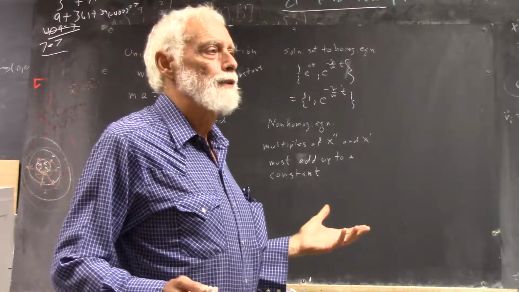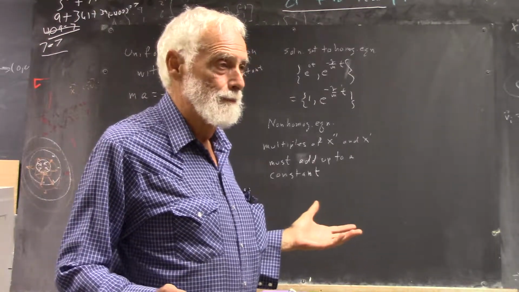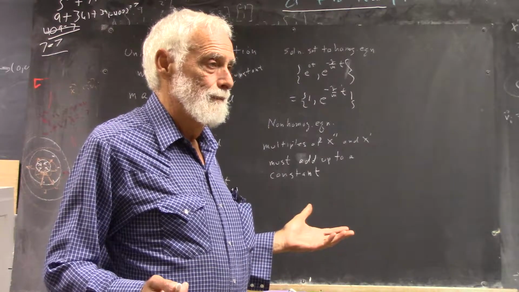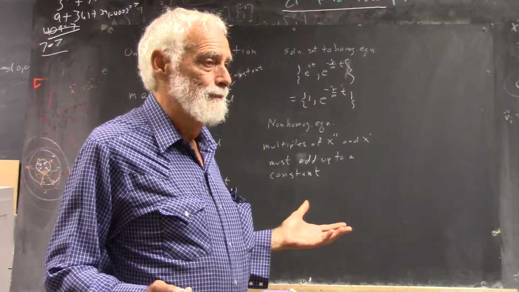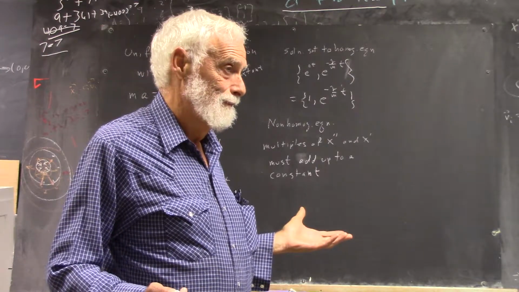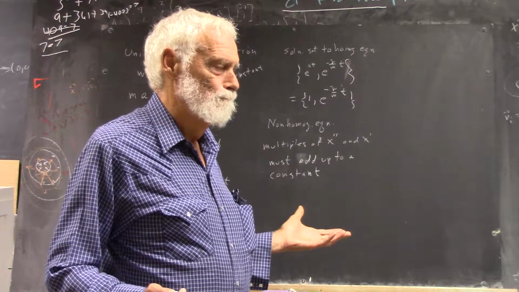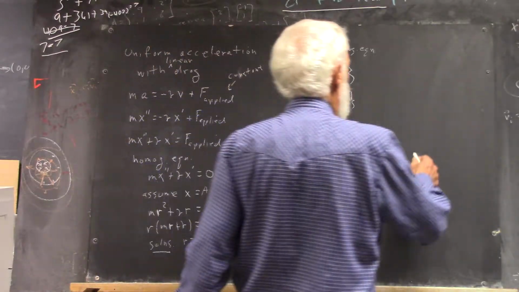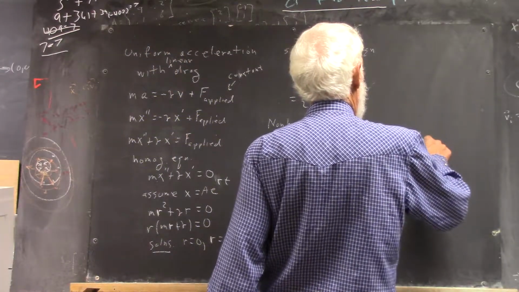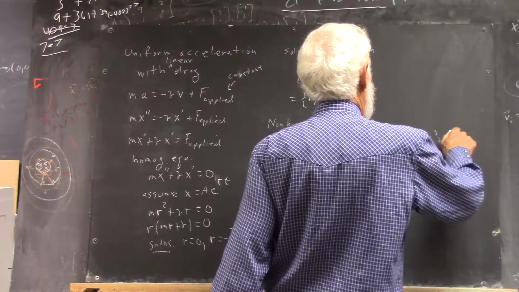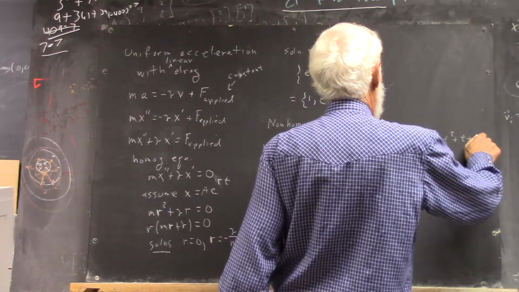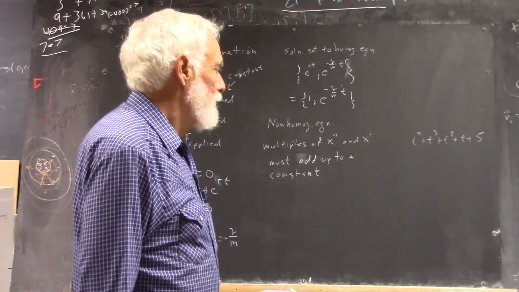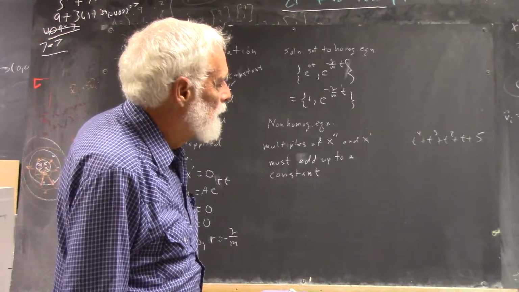Well, what kind of function has a first derivative that ends up constant? Okay, just what's the derivative of t to the 4th plus t cubed plus t squared plus t plus 5? 4t cubed plus 3t squared plus 2t plus 1.